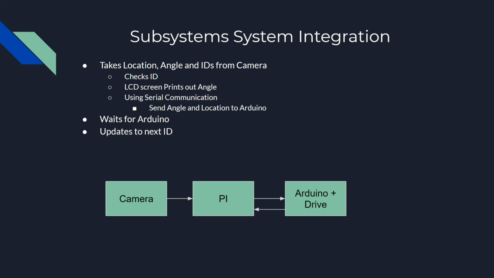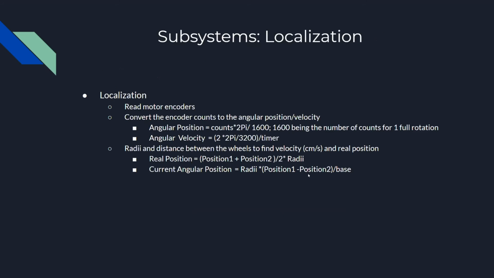Once it sends that again, the Arduino does its thing. It turns to the right angle to the ArUco marker and drives forward. That will be talked about in the next slide. Then it repeats this step when the Arduino sends a command back saying, hey, we're ready to start searching again. That happens in the circle state.